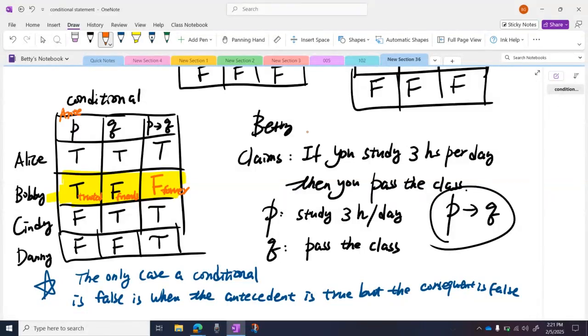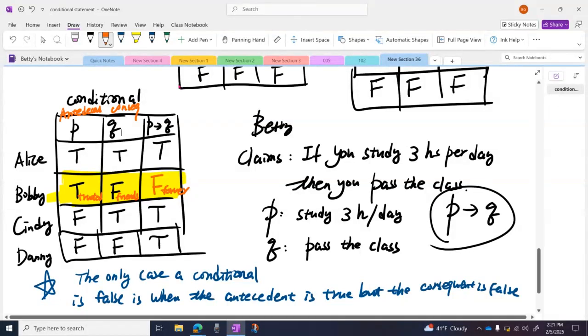P is the antecedent. Q is the consequent. Normally we write the antecedent followed by the consequent and then the conditional, right? So if you have trusted friends, if you have antecedent true, consequent false, then you have a false conditional.